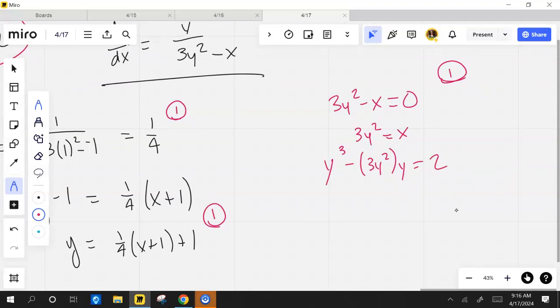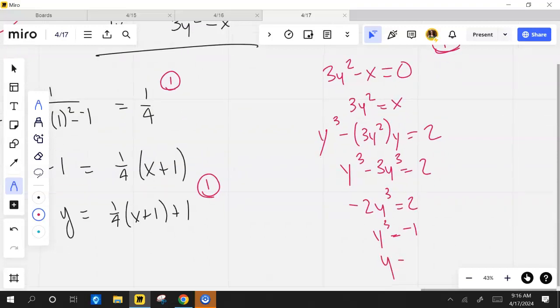I solved that for y. Negative 2y cubed equals 2, so y cubed equals negative 1, which means y equals negative 1. By the way, if you got your equation into just one variable, even if you solved incorrectly, that was the point. You don't get your last third point until you get your final answer.